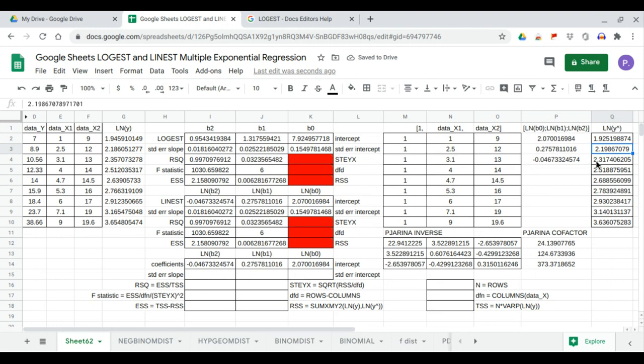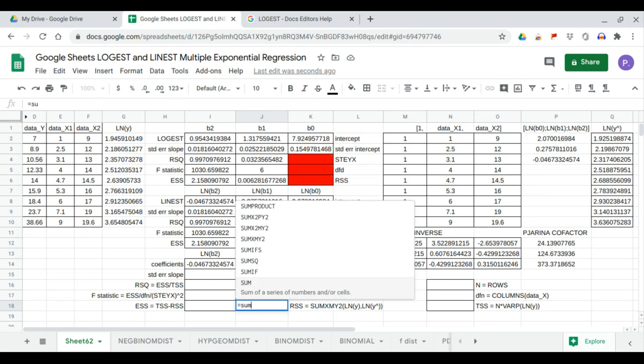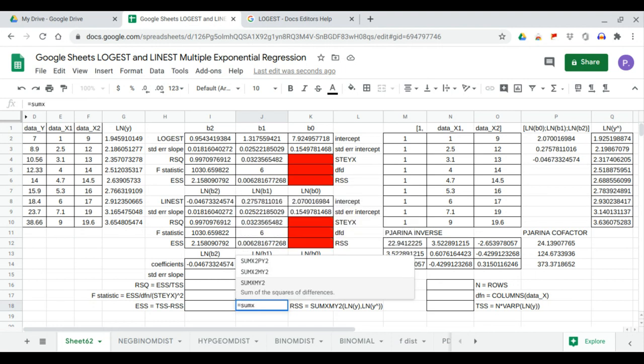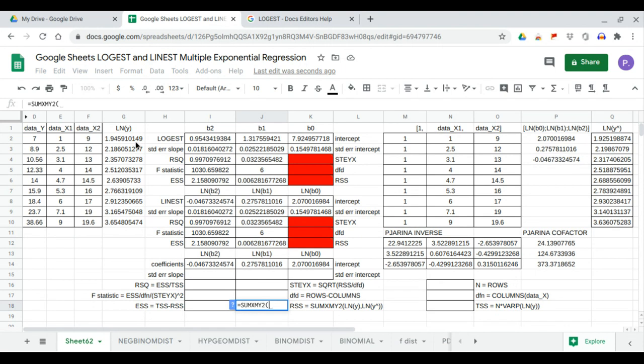Now that we have the ln y hat and the ln y, we can calculate the residual sum of squares, which is equal to the sum of squares of the difference of ln y and ln y hat. And our residual sum of squares matches our LINEST and LOGEST output. Next, we calculate the degrees of freedom of the denominator, which is rows minus columns.